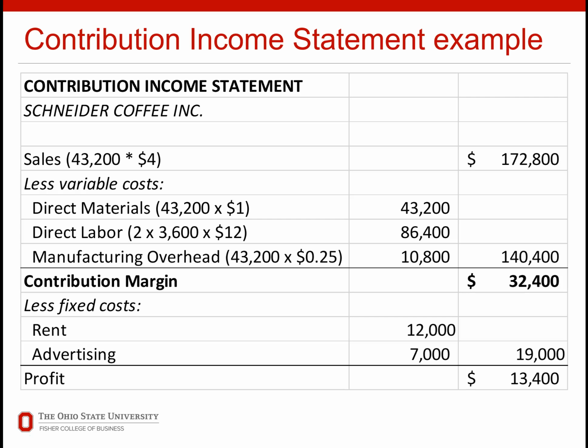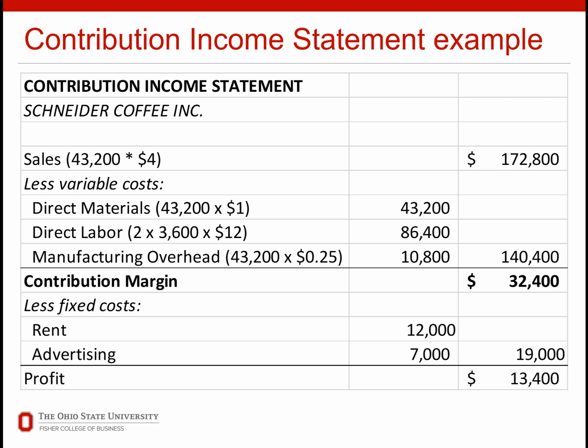So again, it's important here to make sure that we get that straight, even though it's a bit confusing. In the managerial accounting world, our gross profit line is more or less, in a contribution income statement format, the contribution margin line. So again, wanted to point that out.